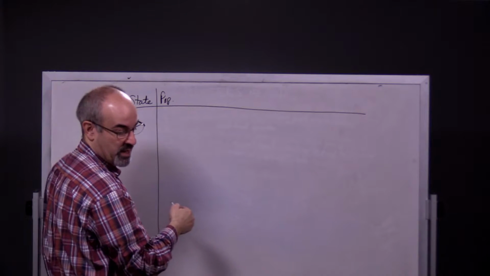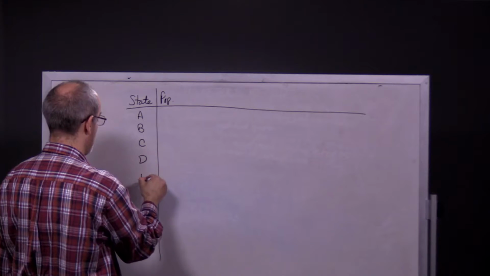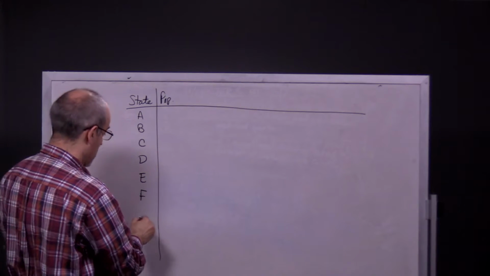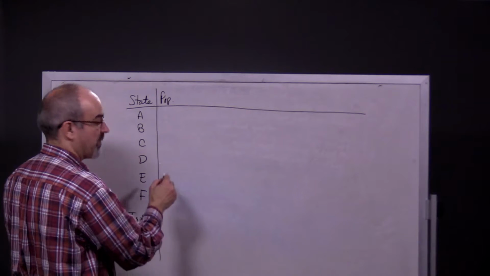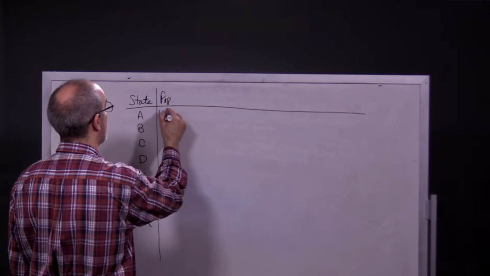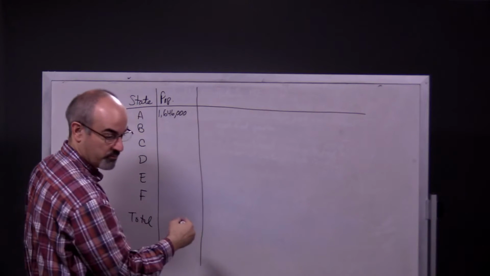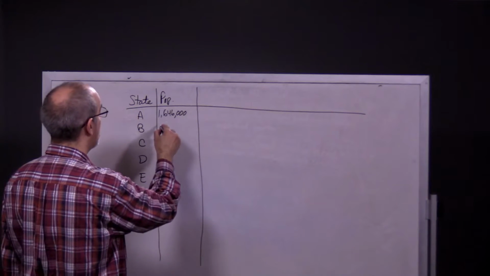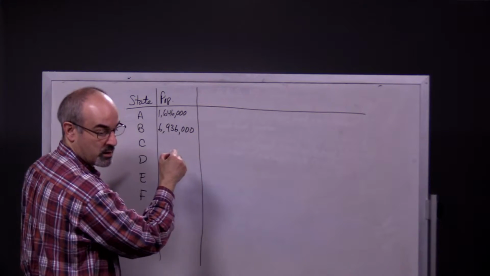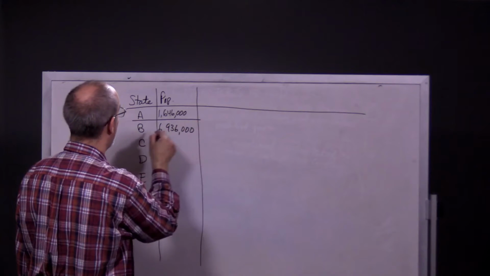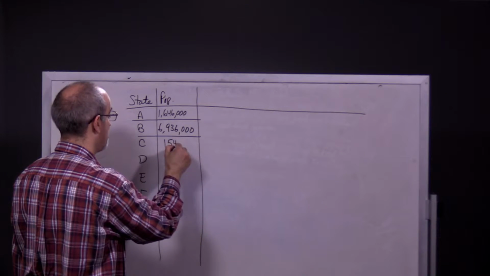So you have a state, you have the population, so A, B, C. Poor state C has a small population.